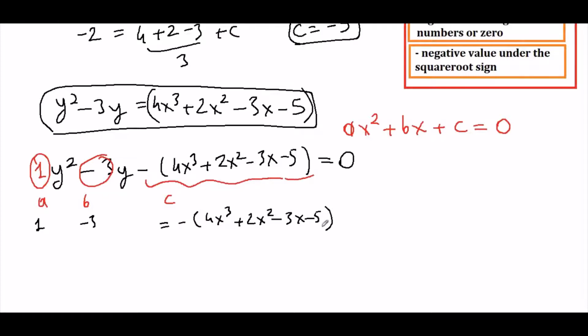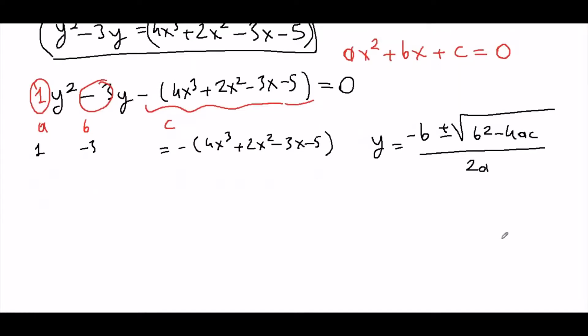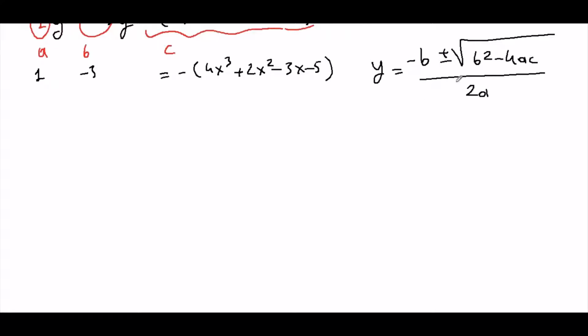Now we're going to apply the quadratic formula to be able to solve for y. Our quadratic formula was negative b plus or minus the square root of b squared minus 4ac, which is the discriminant, divided by 2 times a. Now we're going to place a, b, and c values into our quadratic formula. So this is going to be our explicit solution.